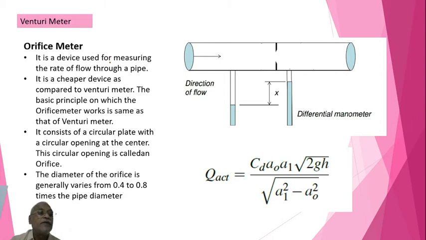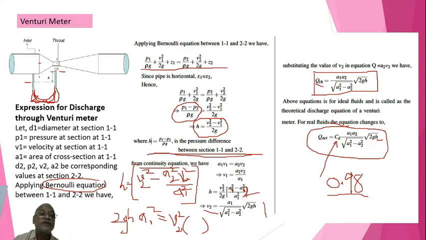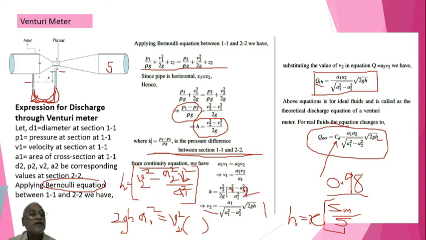Anyway, before going to the orifice meter, I would like to give you the conversion between H and X. I would like to write here: this H will be given by X into bracket Sm divided by S, that is, the manometric liquid specific gravity divided by the specific gravity of the liquid that is flowing here, which is S. Here the manometric liquid specific gravity is Sm.